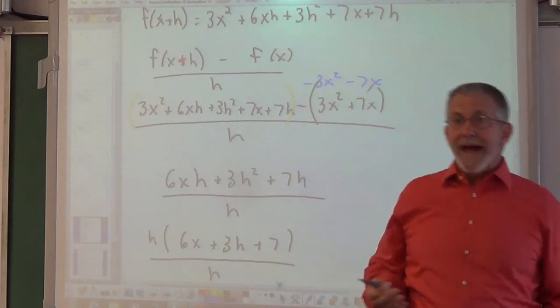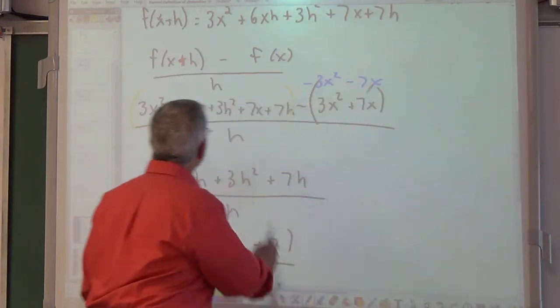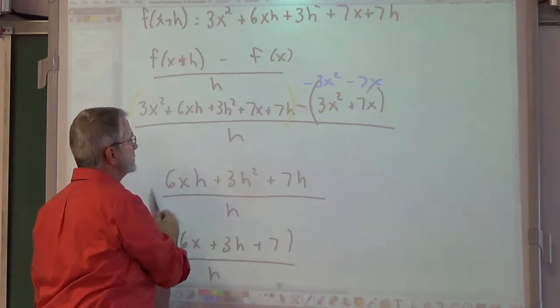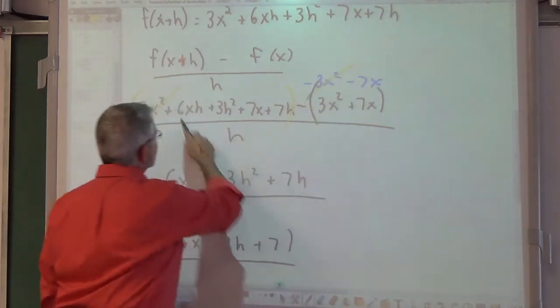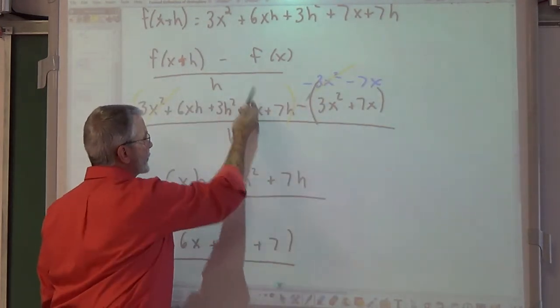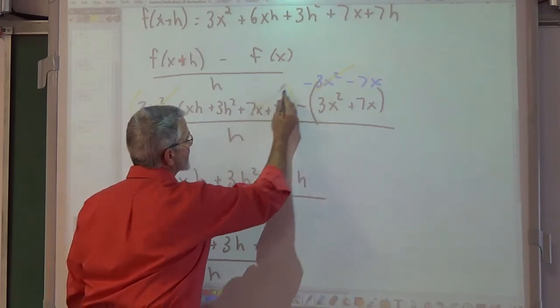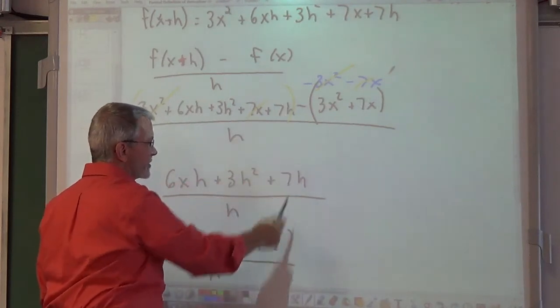It's not magic, it's math. So I have 3x squared minus 3x squared. They're gone. I have 6xh still there. 3h squared still there. Hey, what happens to the 7x? I have 7x minus 7x. They're gone. And I still have the 7h.